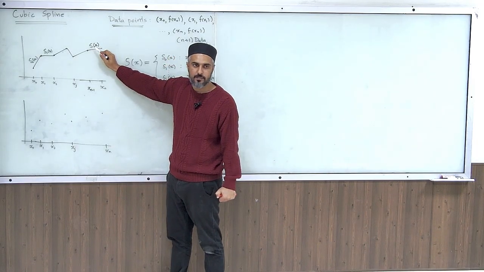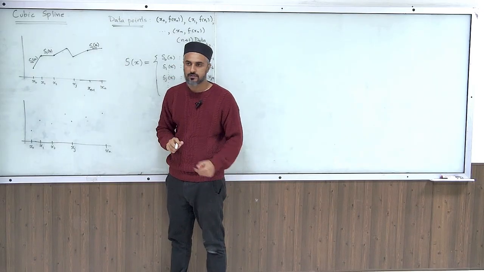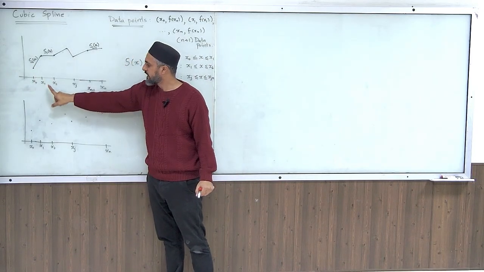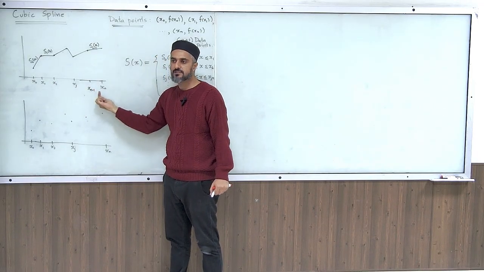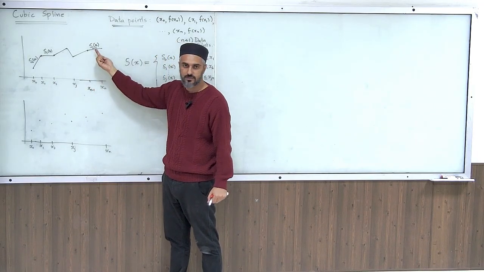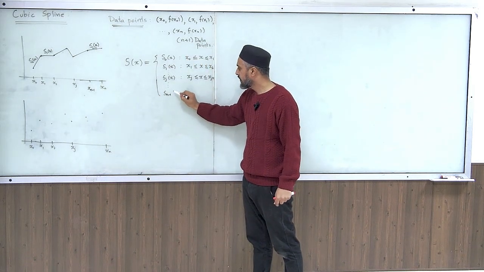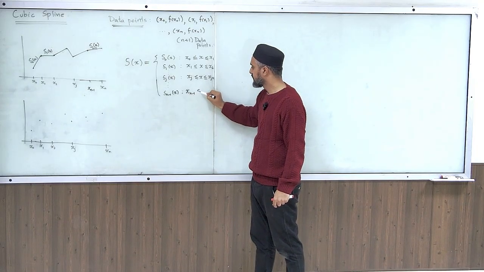What will be the subscript? N minus 1, because with x naught and x1 we got s naught, with x1 and x2 I got s1, so for xn minus 1 and xn I got sn minus 1. Let me write sn minus 1 of x at the end, and it is applicable from xn minus 1 till xn.